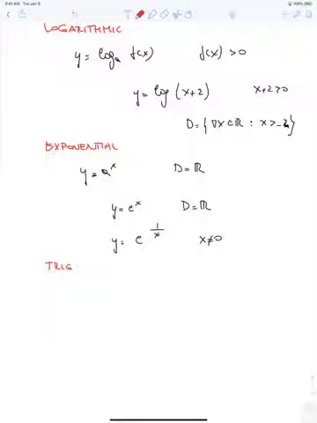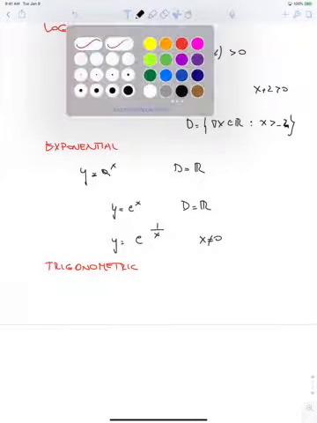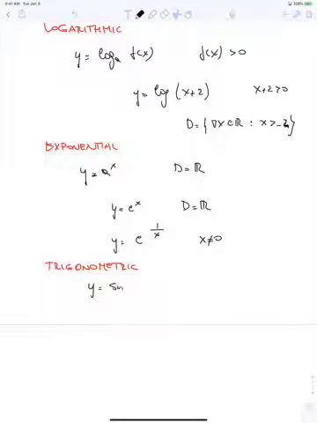Here, I'm just gonna write a short summary. So if we have y equals sine of x or y equal cosine of x, here the domain is the set of real numbers.